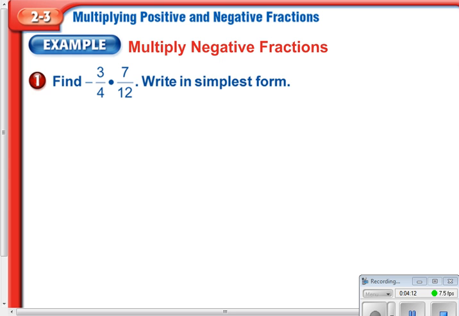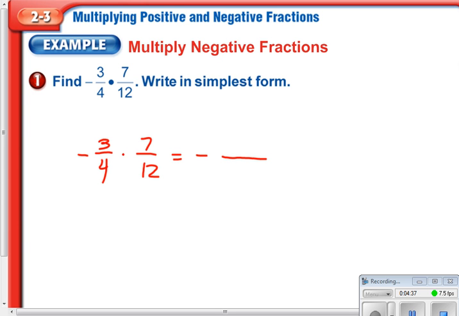Now, same situation here, multiplying negative fractions. Same concept, and you're tying your positive negative piece into it. So right now you have a negative fraction times a positive fraction. You should get a negative outcome. So negative 3/4 times 7/12 equals negative something, because a negative times a positive is a negative.